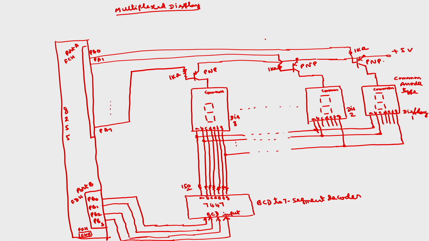Now the procedure is as follows. First I will send a logic 0 on PA0 and make the remaining bits 1.